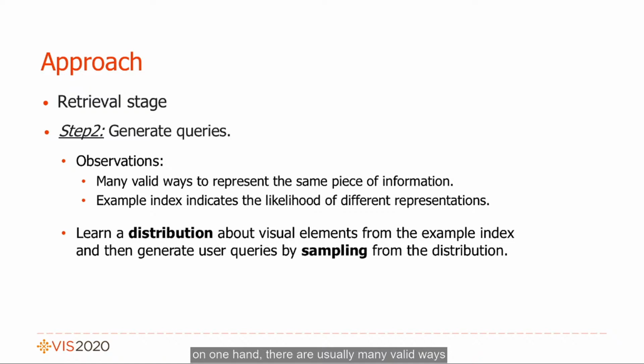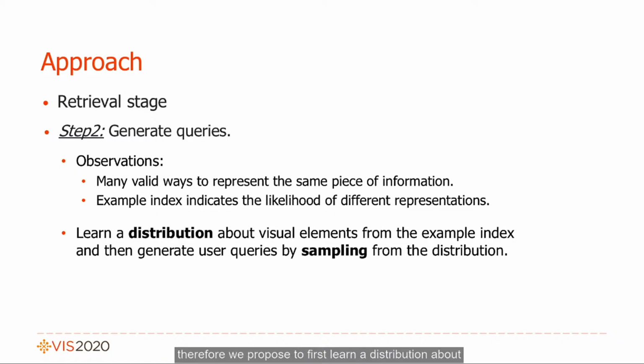On one hand, there are usually many valid ways to represent the same piece of information using infographics. On the other hand, the example library indicates the likelihood of different representations adopted in practice.